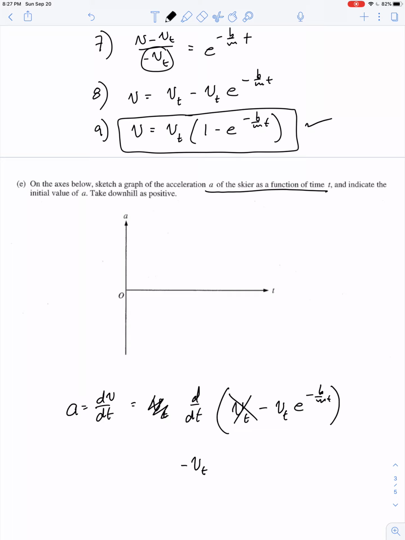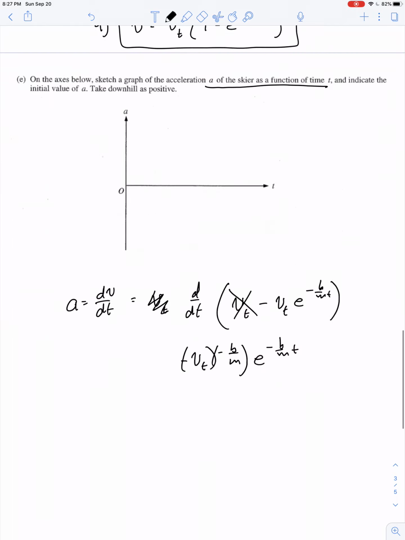Negative v terminal times negative b over m times e to the negative b over m t. So the negatives cancel out, and we get v terminal times b over m times e to the negative b over m t.